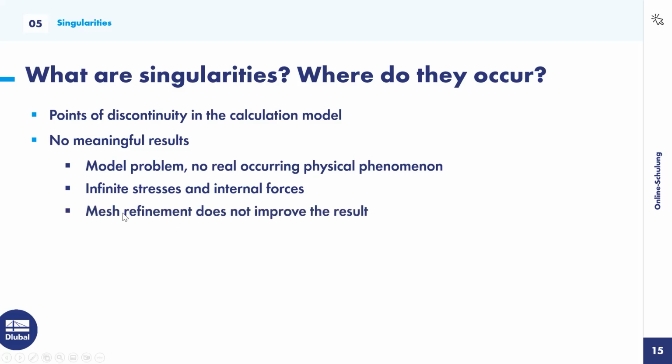A mesh refinement will not improve the result. Contrary, it most likely will just increase the singularity. And for RFEM, or in general, there are different locations where singularities can occur.